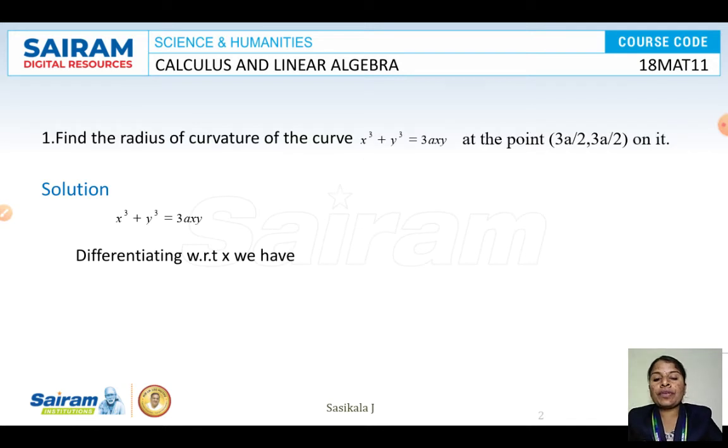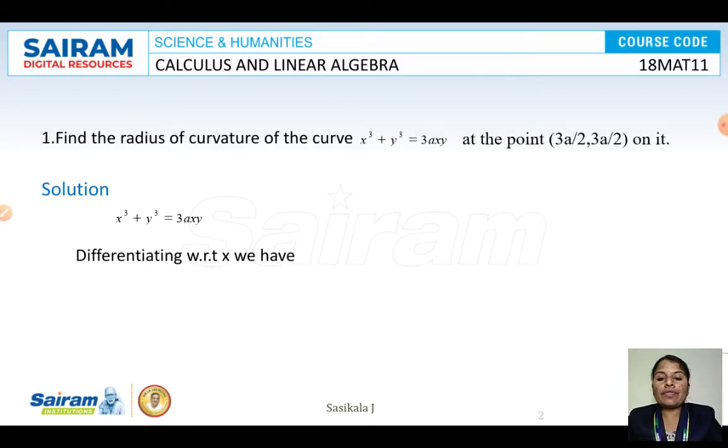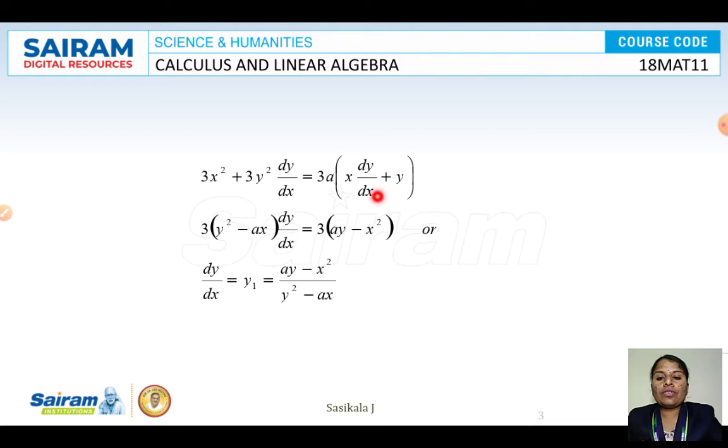On the right side, 3axy has both x and y as variables, so we have to use the product rule. It equals 3a of x into dy by dx plus y into 1, since the differentiation of x is 1.